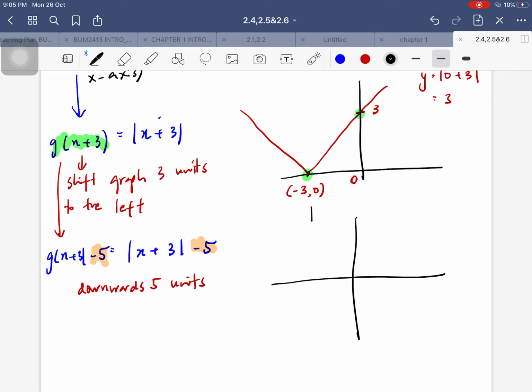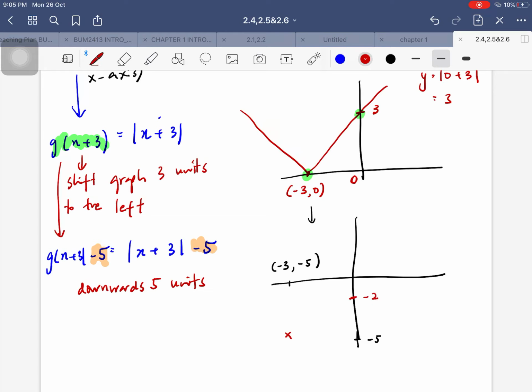So now let's capture the important points. My turning point, when I bring this down 5 units, is no longer at -3, 0. It's still at -3, but here, so it's going to be at -3, -5. So this is going to be my turning point. And what happened to the intercept?